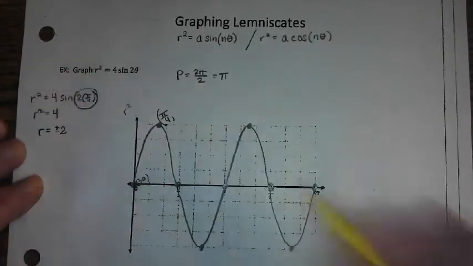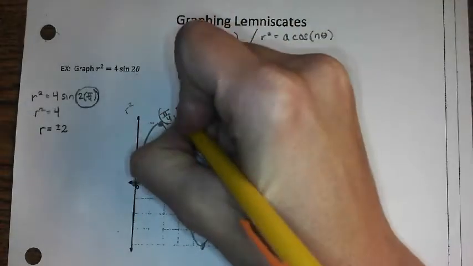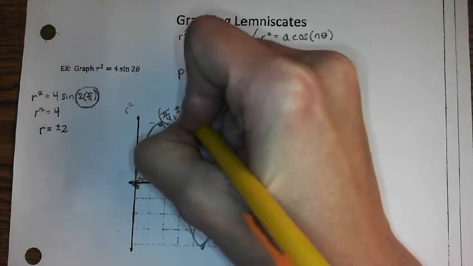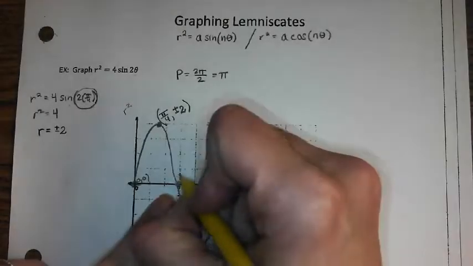So this is going to take some exploring. Pi over 4 gets paired with a radius of plus or minus 2. Okay, so Josh thinks it's got to be positive because it's above. Let's see if it even matters. Then we have pi over 2, 0.